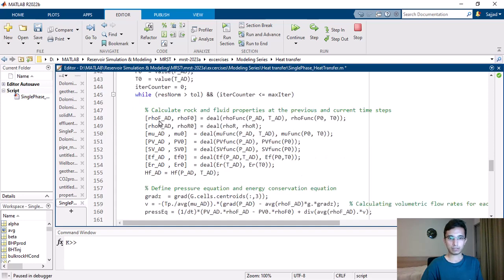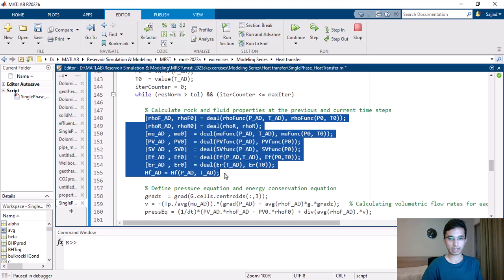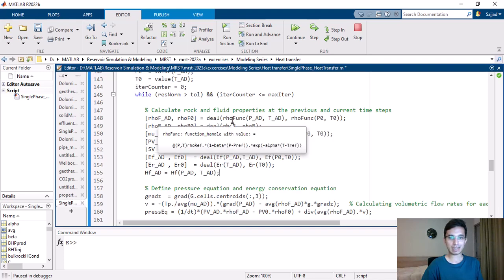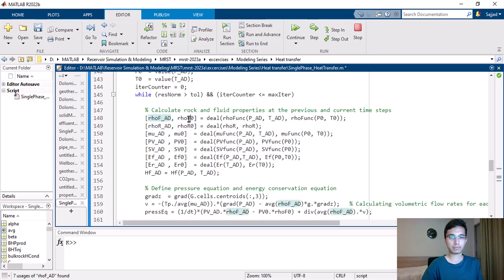All right, so let me talk about the parts that are related to this video. Here we have calculated the properties of the rock and fluid that we have. Here we calculate the density of the fluid for the current time step and for the previous time step.